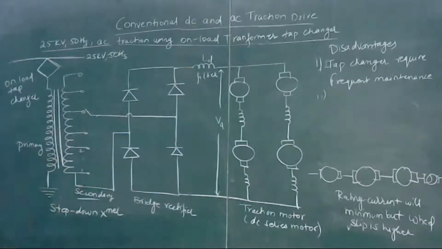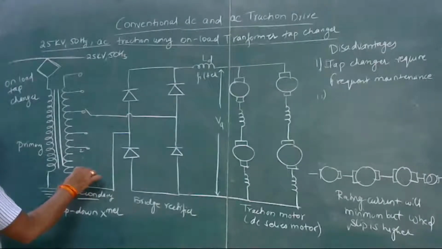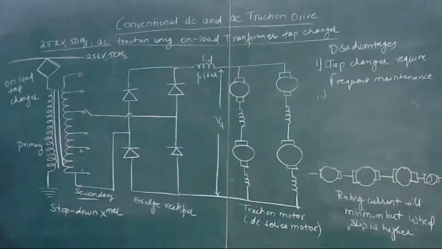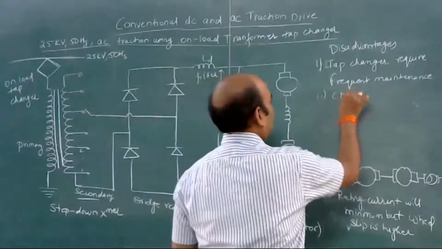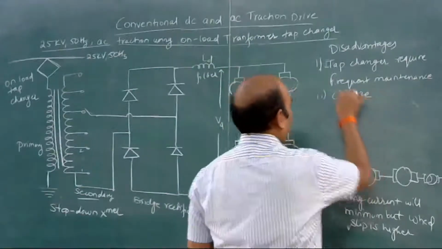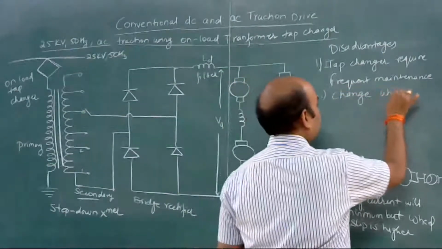So there will be current spikes when we change from one tap to another tap. Therefore there will be a chance of wheel slip, and adhesion is poor.